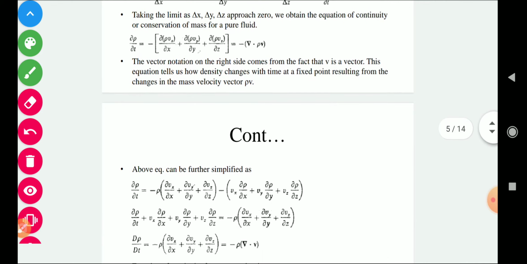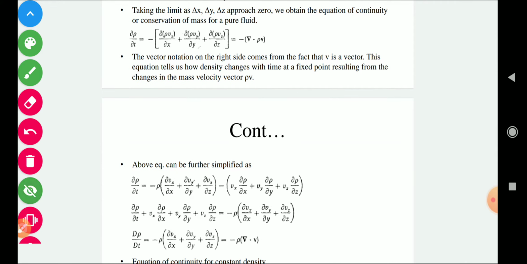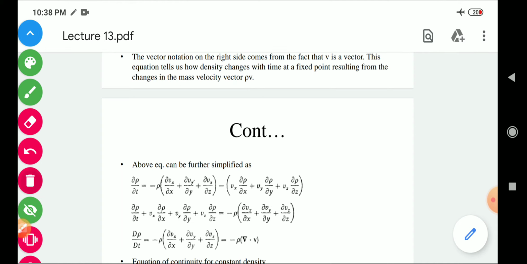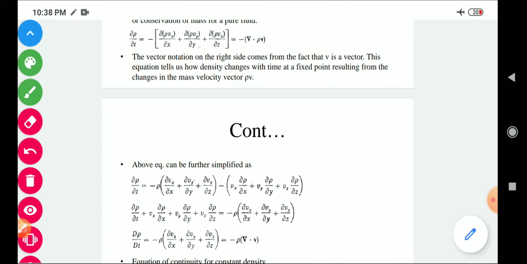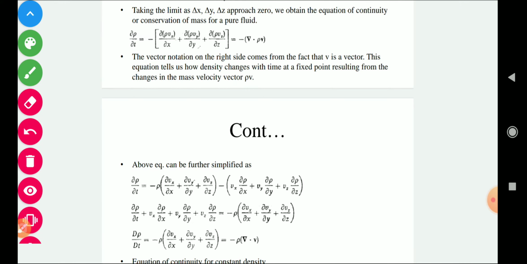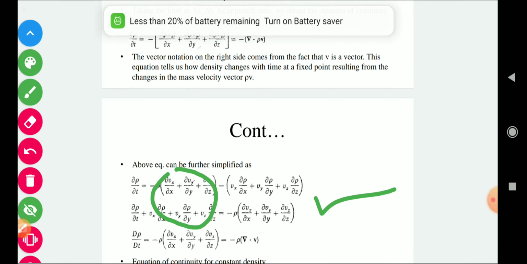So if we open this differential equation, this is the differentiation of a product of two variables. If we solve it, finally we get this equation: differentiation of the first function with the second function as it is, plus differentiation of the second function with the first function as it is, and separating out common terms. These are the rho terms and this one is the remaining terms.